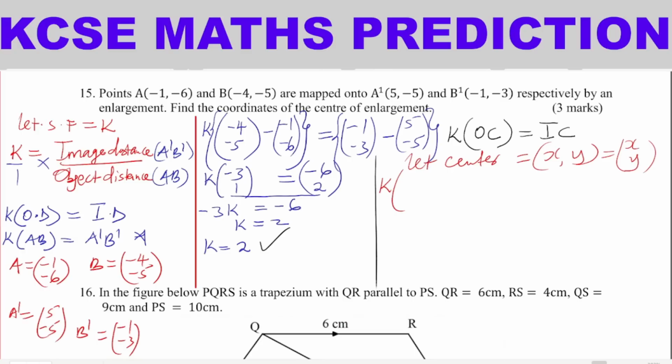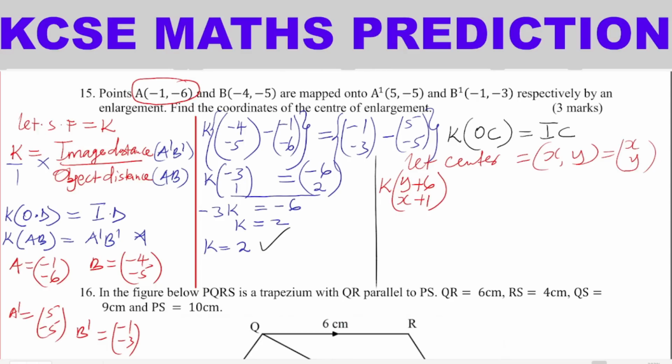From the object to the center, I'll use A as my object and the center as (x, y). So that distance will be given by y subtract -6, which is y plus 6, then x subtract -1, so that will be x plus 1.